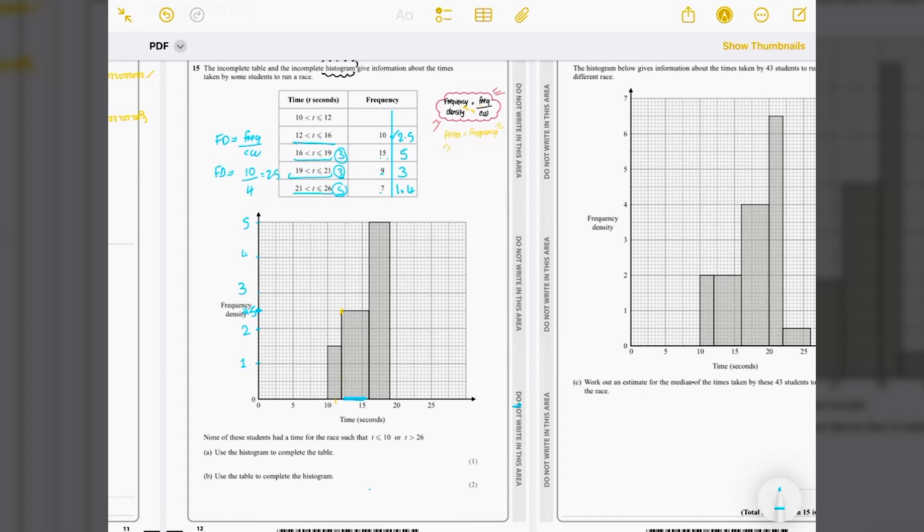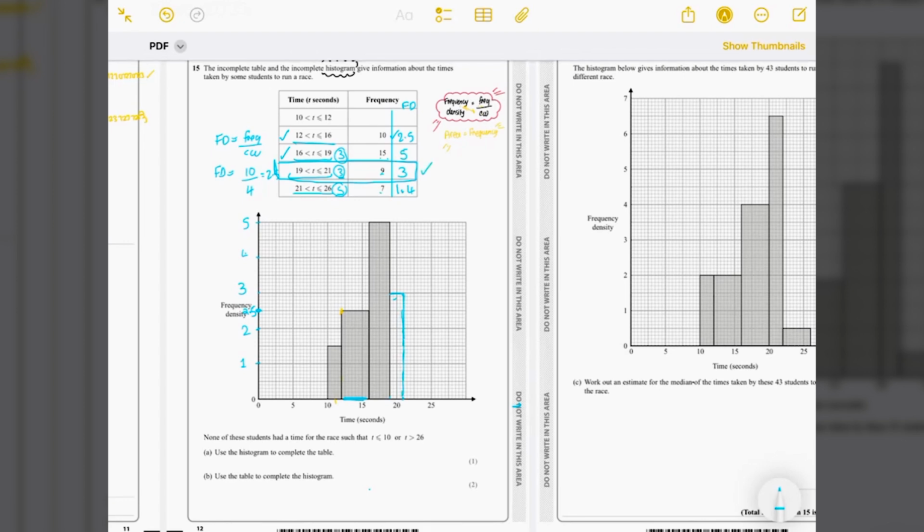So this is already done, 12 to 16, 19 to 21, and it goes up in 2s. So 19, 20, 21 would be somewhere over there. Okay, so we're looking at here 19 to 21 is somewhere over there, and the frequency density goes up to 3.